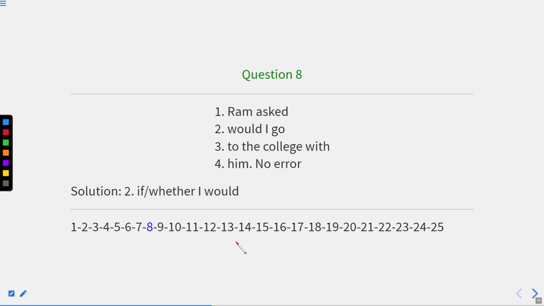First of all, the comma and inverted commas are replaced with whether or if, and after that the question structure will be changed into the assertive structure of the sentence, that is subject plus verb, or subject plus auxiliary. So if and whether will be inserted before the speech and after the word asked. Now let's move to the next one.